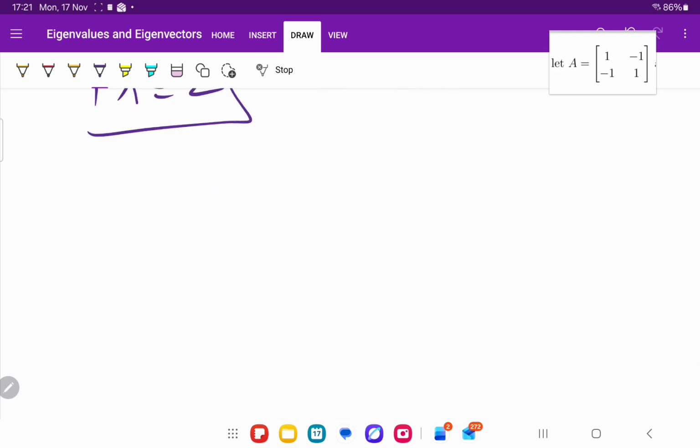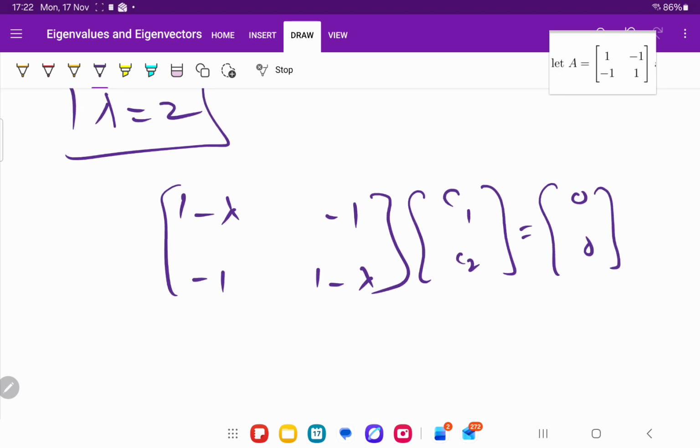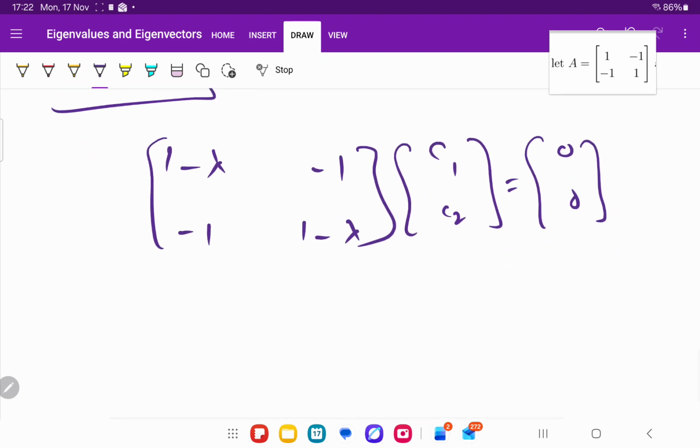We would write again the same determinant part in matrix. So 1 minus lambda, minus 1, minus 1, 1 minus lambda. Again C1, C2 and again 0, 0. Now we will be replacing lambda is equal to 2 wherever we identify lambda.